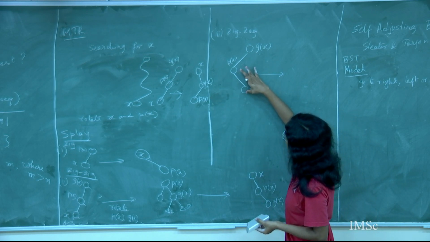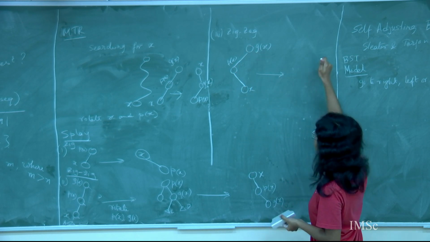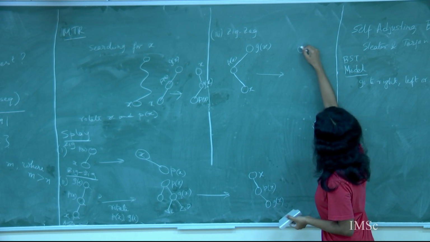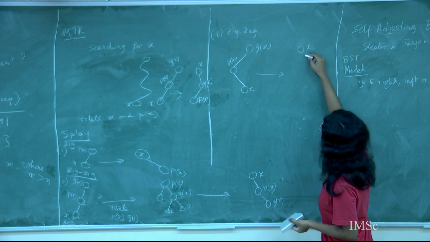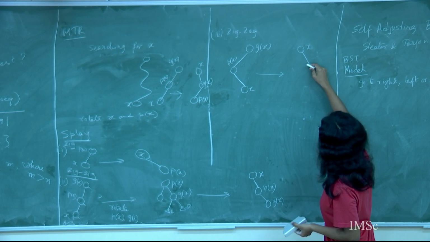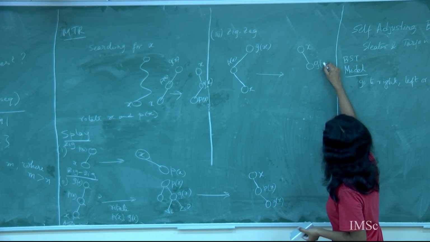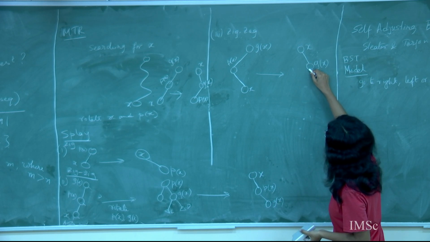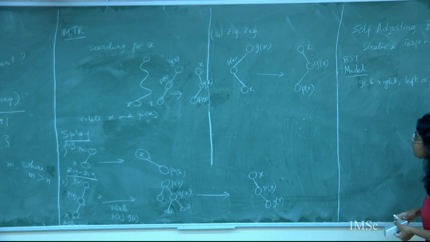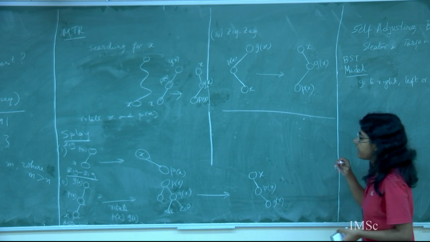I first flip x with p of x and then x with g of x. So it will look like this only. X goes on the top. So yes, this is what we call splaying.